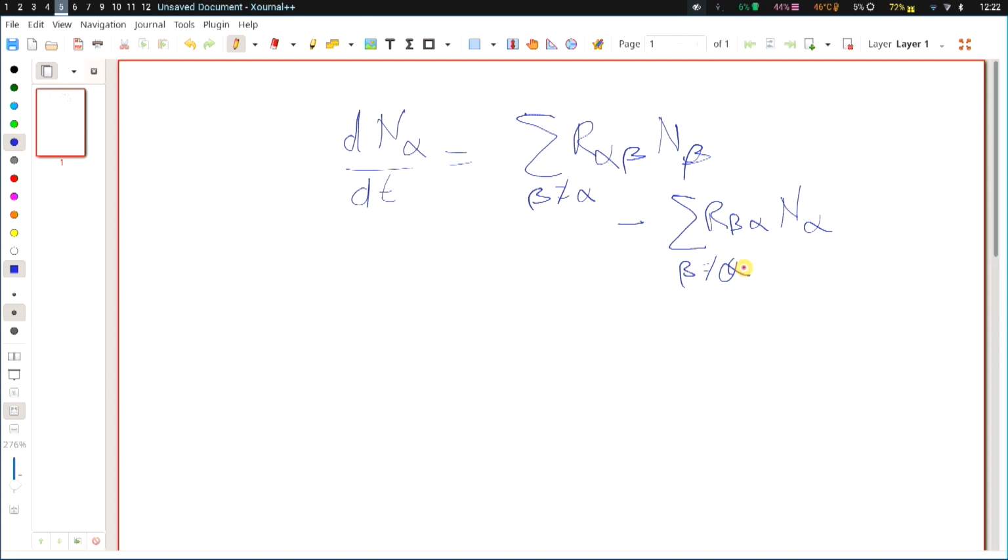So the rate at which other nucleotides which are not alpha turn into alpha, minus the rate at which the nucleotides that are alpha turn into something else.